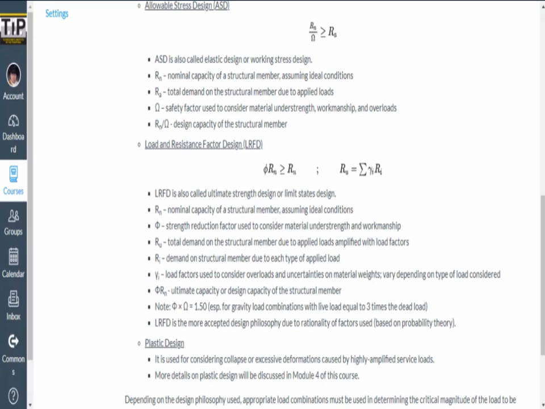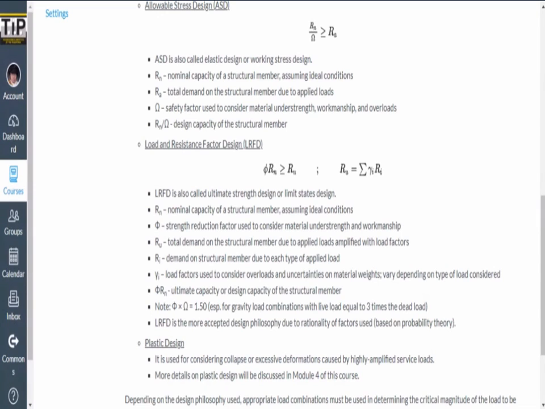That's why we assign a lesser strength reduction factor for shear rather than for flexure, because we consider more uncertainty, and we consider the behavior of that structural member if we subject it to that kind of action.